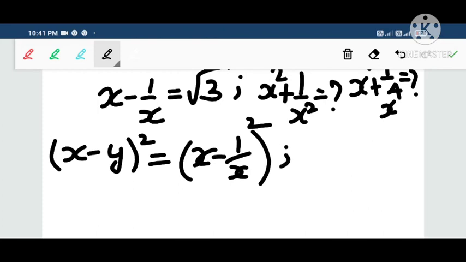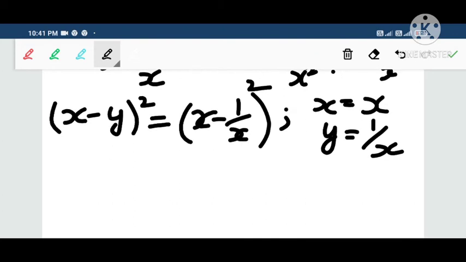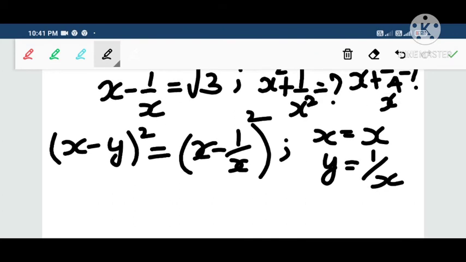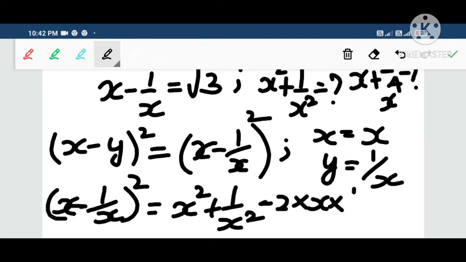So for that I take x is equal to x and y I just take 1 by x as usual, the previous sum. Okay, so now I just expand the value of (x minus y) the whole square, which is nothing but (x minus 1 by x) whole square, which is x square plus 1 by x square minus 2 into x into 1 by x.